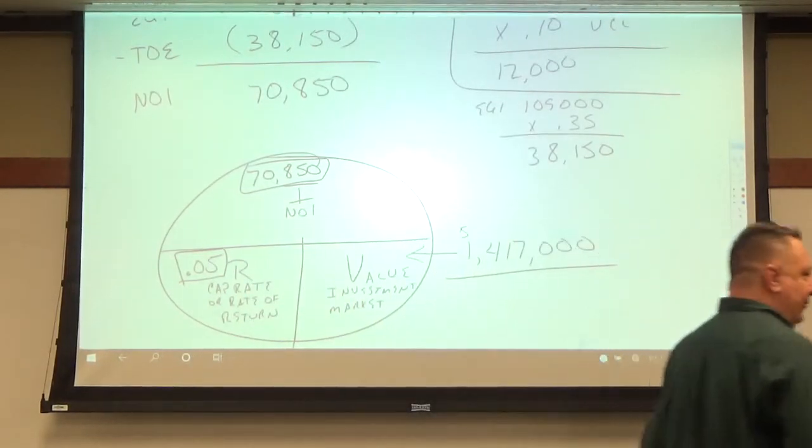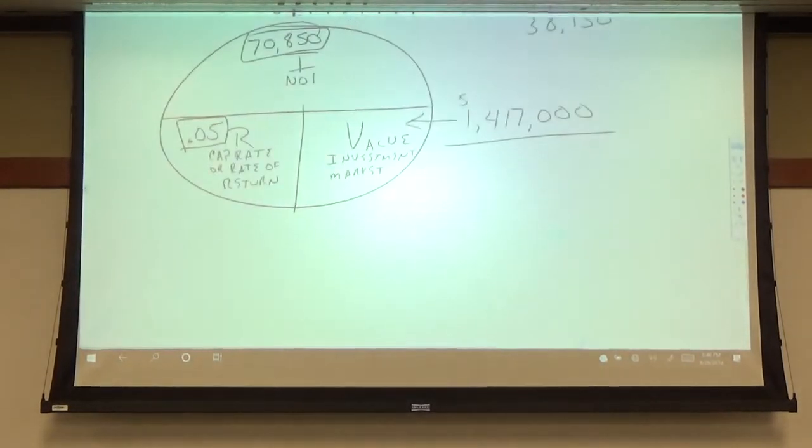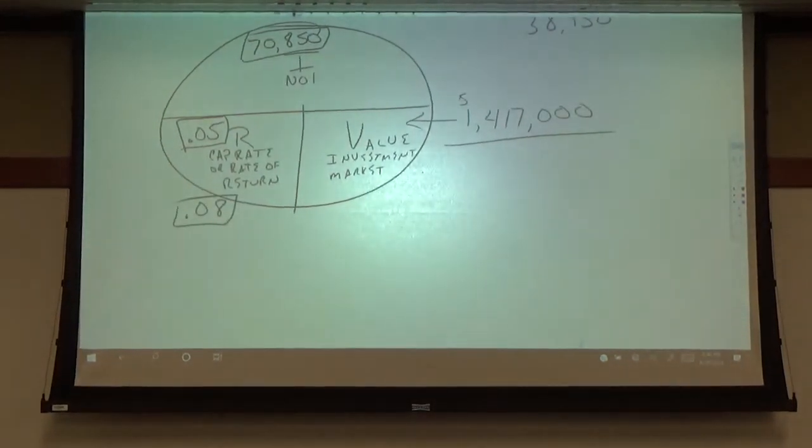So if that's the case, instead of a 5% rate of return for the low risk property, for a higher risk property we might say, I demand an 8% rate of return. Where did I get that 8% versus the 5%? I pretty much just pulled that out of the air.